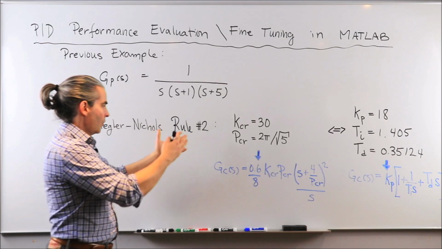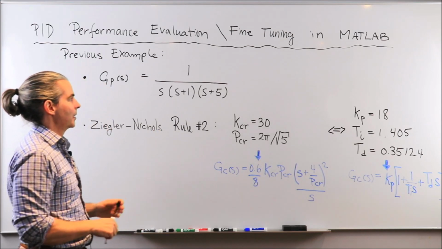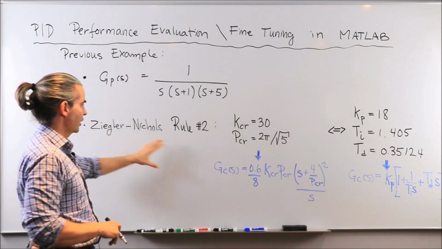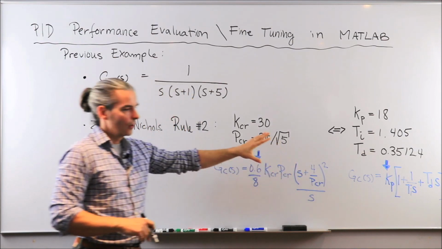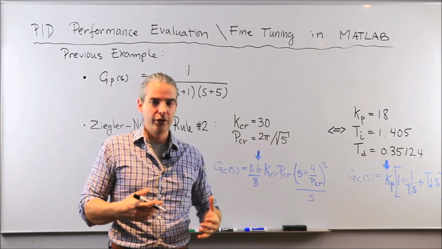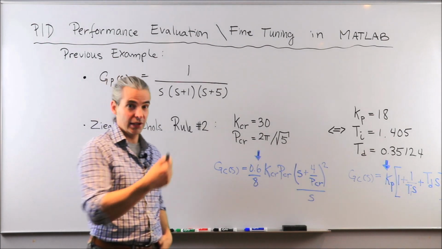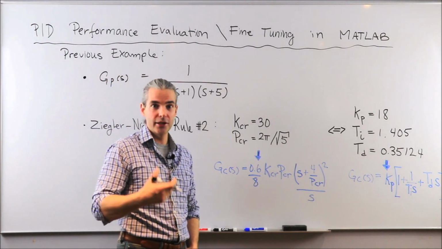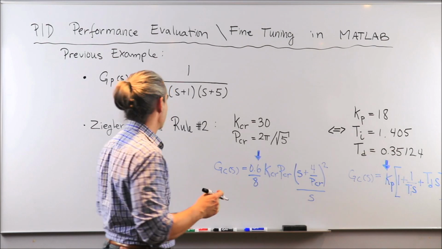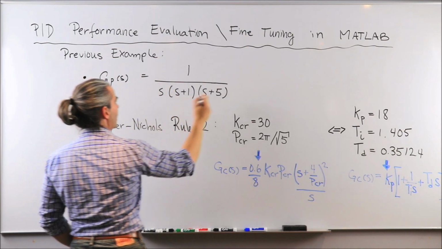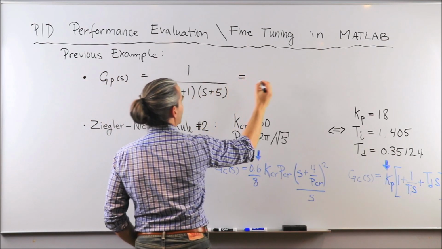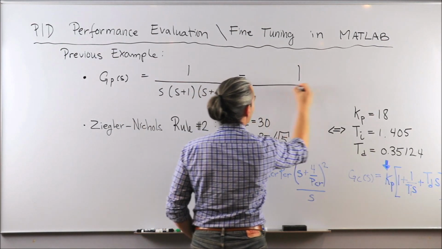Okay, so when we talk about MATLAB implementation of such a control law, the first thing we need to do is to define or rewrite those transfer functions in polynomial forms. Because as you know, this is how MATLAB works in terms of defining transfer functions. So let's first rewrite our plant transfer function in a polynomial form.